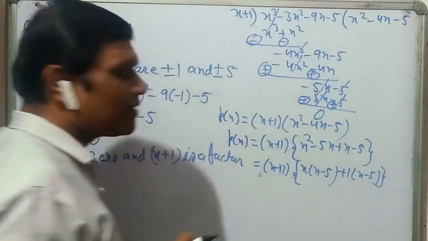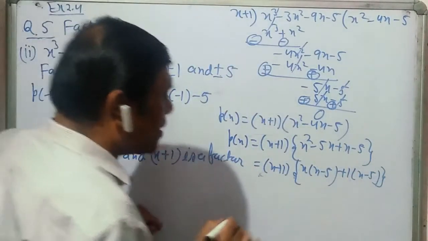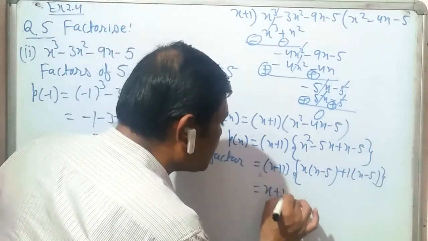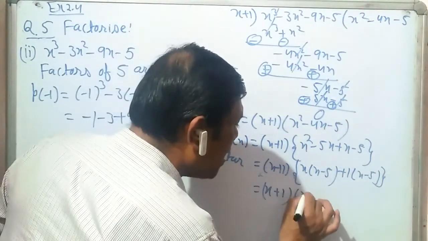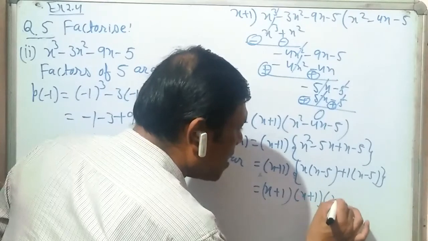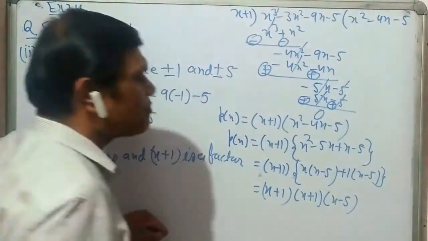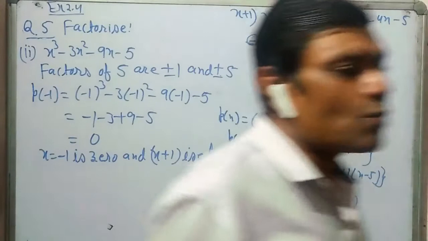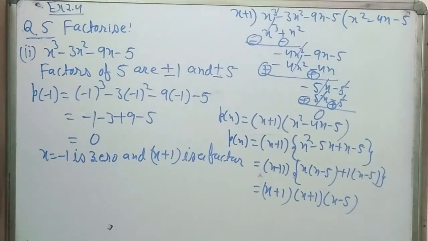x minus 5. So what we are getting is x plus 1, x plus 1 and x minus 5. This is a particular case where, with the factor theorem alone, we cannot find all the factors, particularly when the factors are repeated.